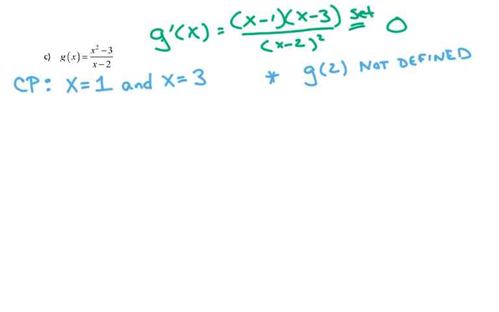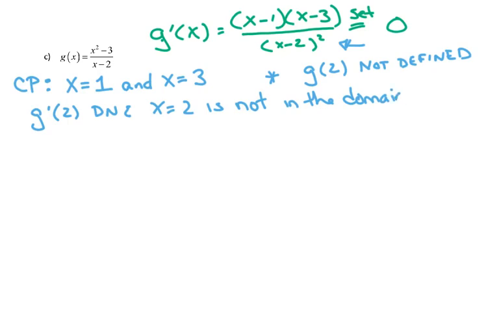So even though g prime of 2 does not exist, x equals 2 is not in the domain of g. So that's why it's not a critical point. Okay, what happens at x equals 2? It's a vertical asymptote, x equals 2. Okay, so there are my critical points.